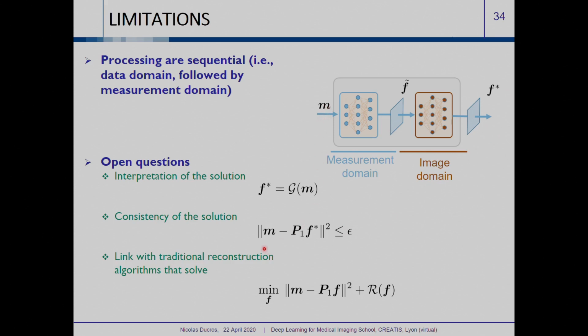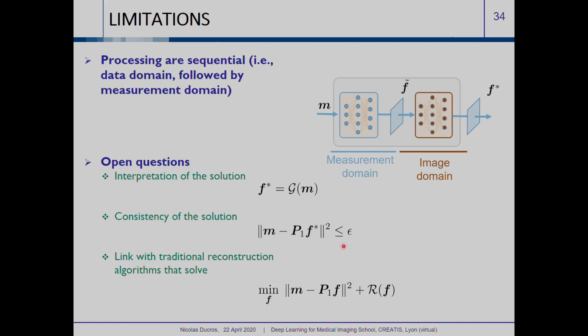It may happen that if you simulate the measurements that would have been obtained with this f star, so building P1 times f star, this significantly deviates from the actual measurement M. So you have the norm of M minus P1 f star squared that is larger than this epsilon quantity that refers to the noise level.